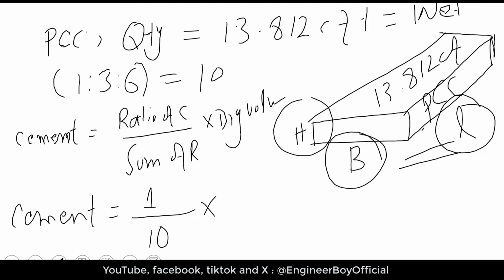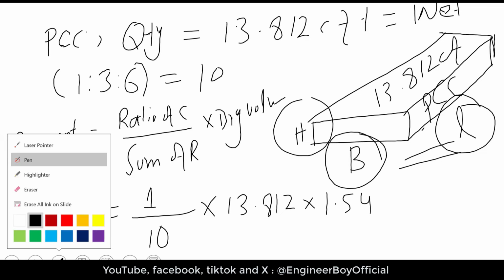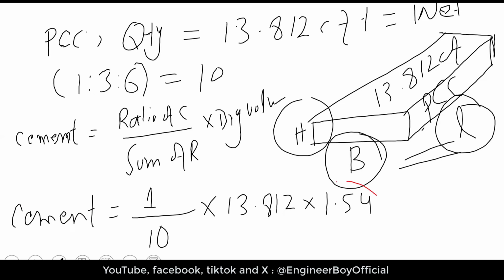Now, what's the dry volume? Dry volume is the wet volume, which is 13.81, multiplied by 1.54. Now, this 1.54 may vary depending upon your country and the materials used in the concrete. I have read many books, and this video is different.